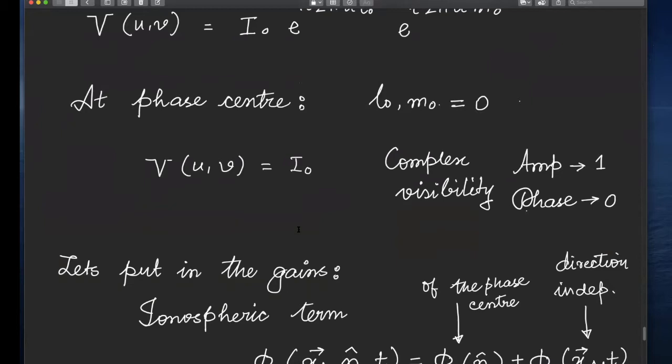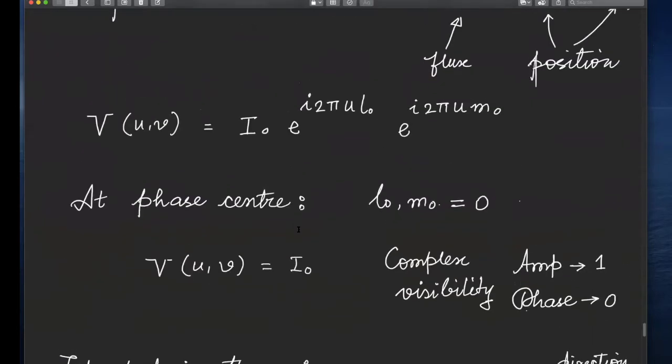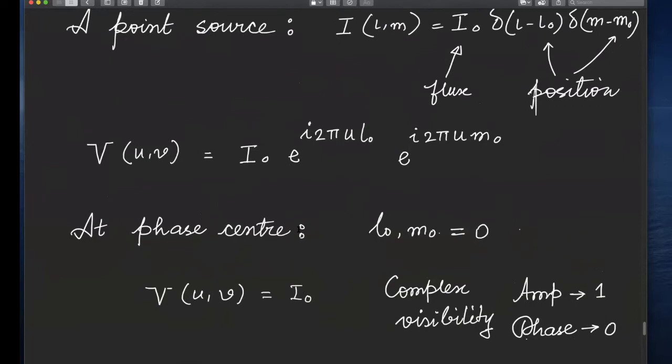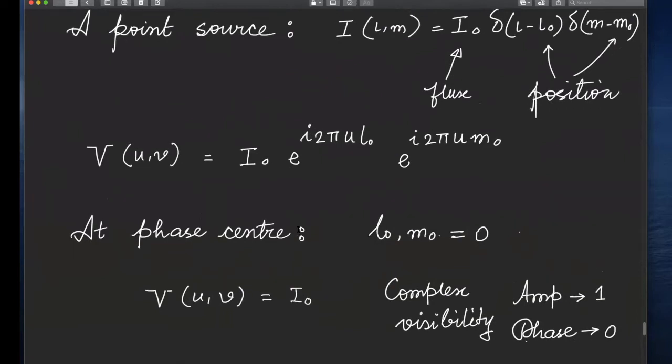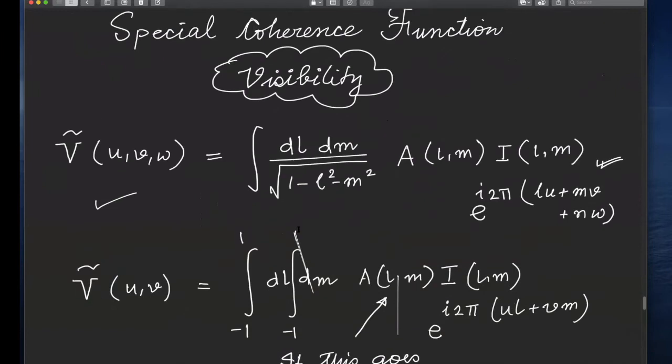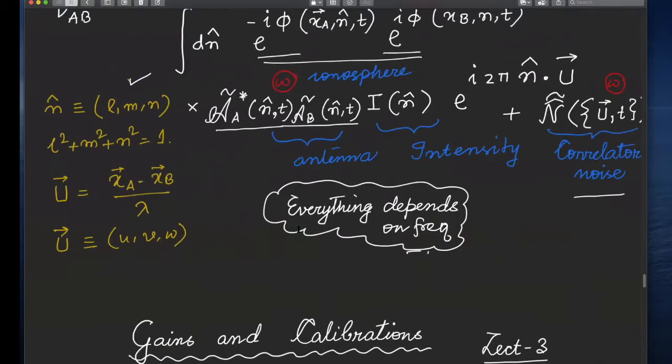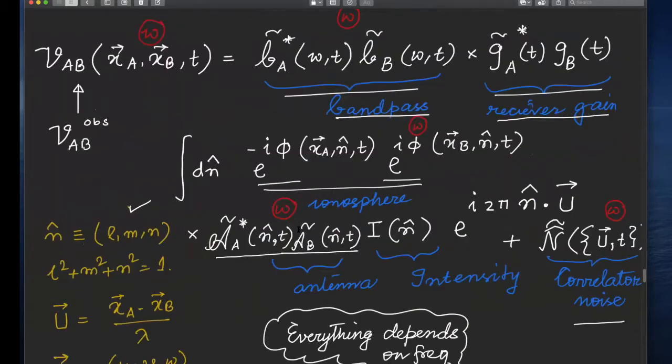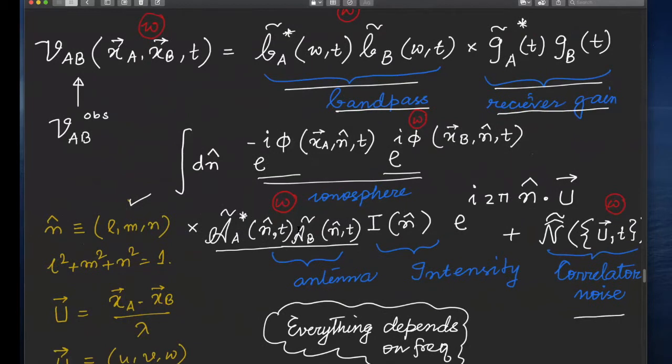Now, this was just for the understanding check, which will be useful shortly. So let me go back to the expression where I have all these gain terms. And now what we would like to do is to look at the effect of some of these. What we will not do today is look at the effect of the complicated pattern of the antenna.